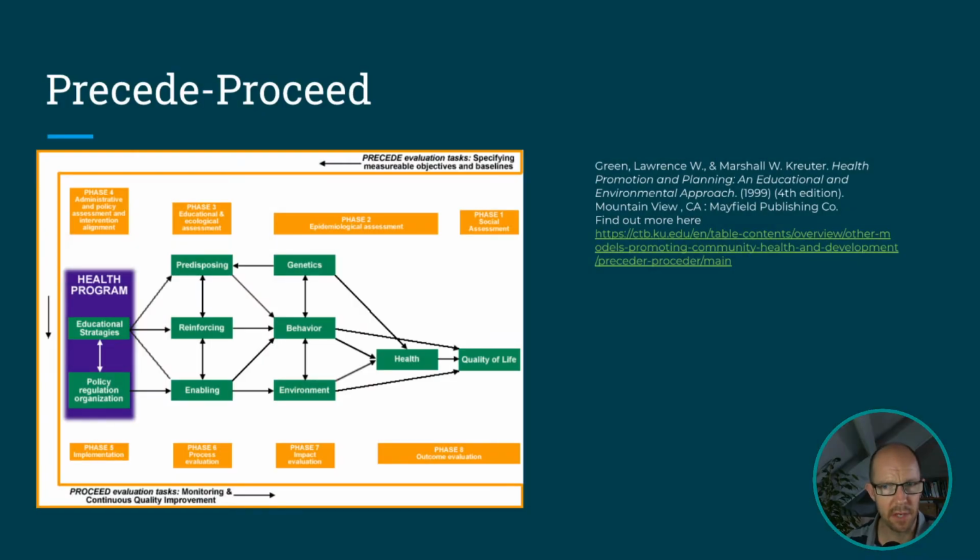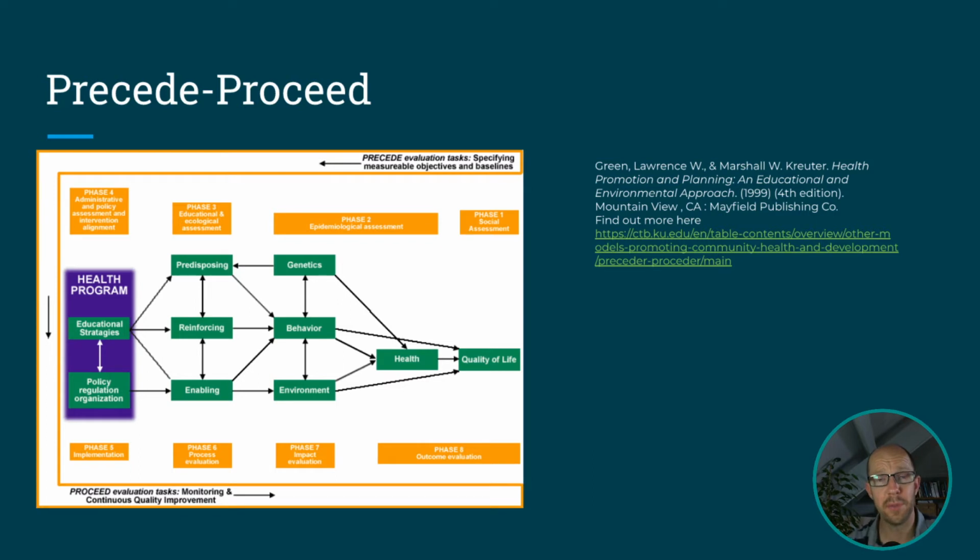I'm going to spend a bit of time looking at some of these models now, just to give you a bit more detail on them. The Precede-Proceed model has been around for some time now, almost 40 years, and looks at the planning and then the delivery of interventions.